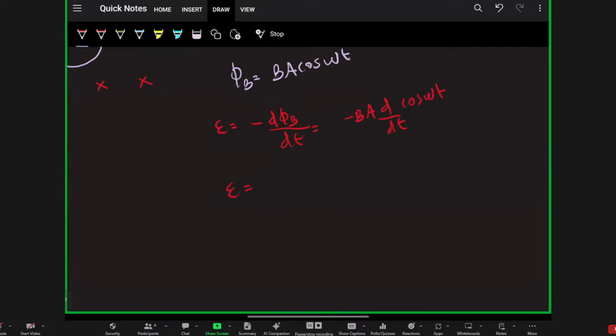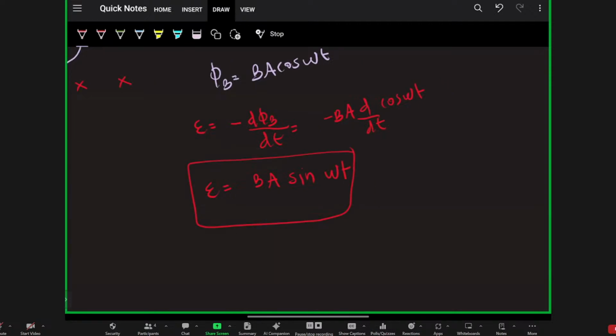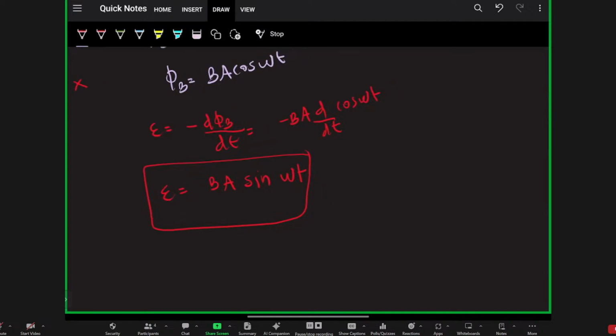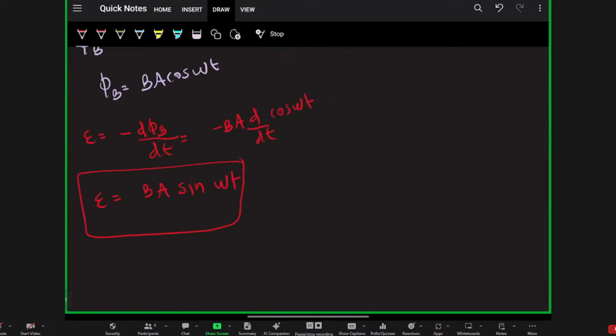So we get BA omega sin omega t. So induced EMF is a function of sine now.